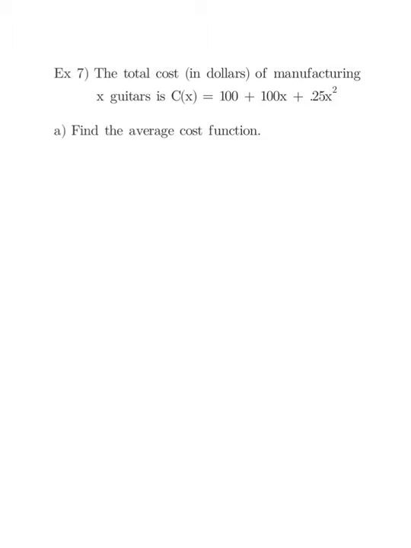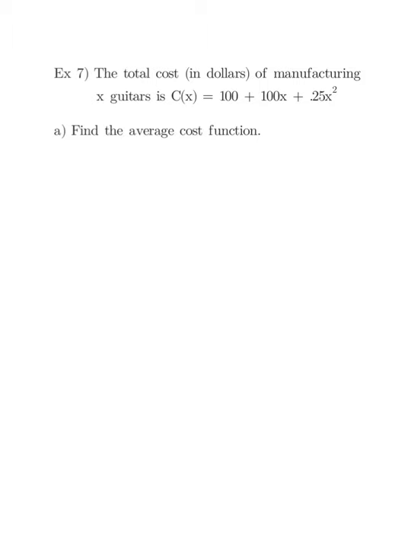On example 7, we are told the total cost in dollars of manufacturing x guitars, so the x is how many guitars, is given by the function C of x equals 100 plus 100x plus 0.25 x squared. Question A says to find the average cost function.